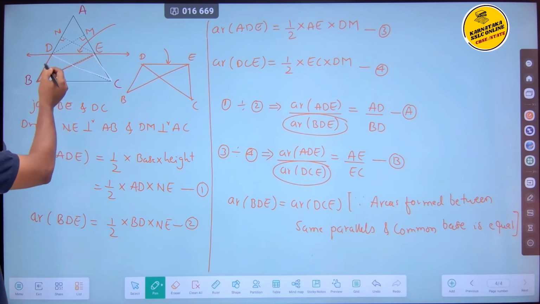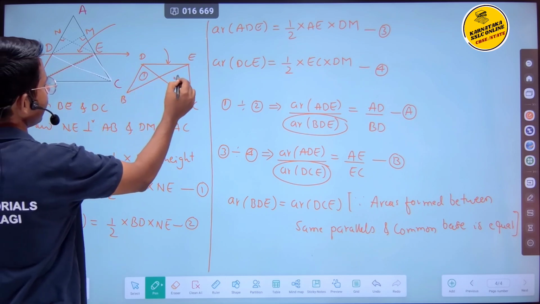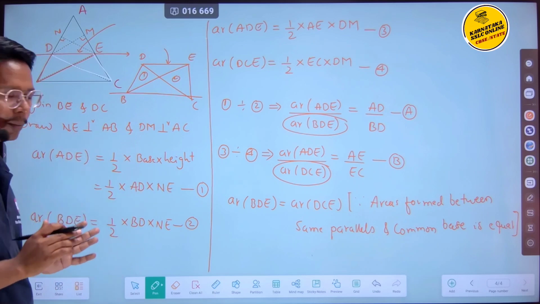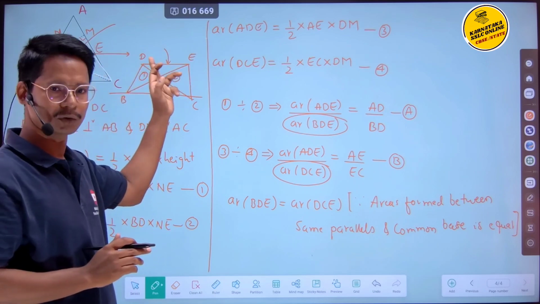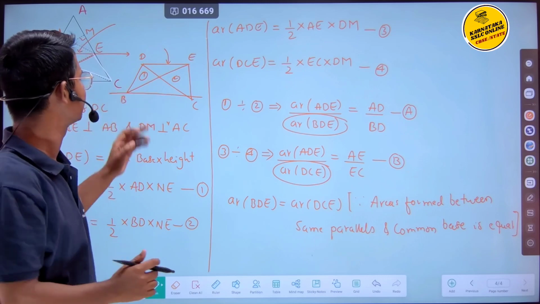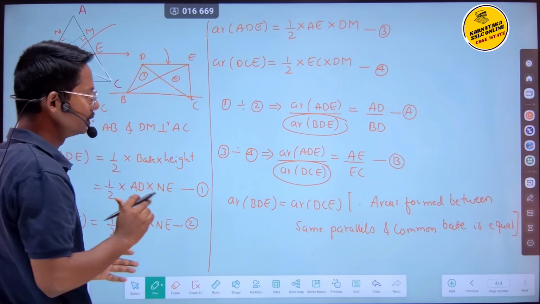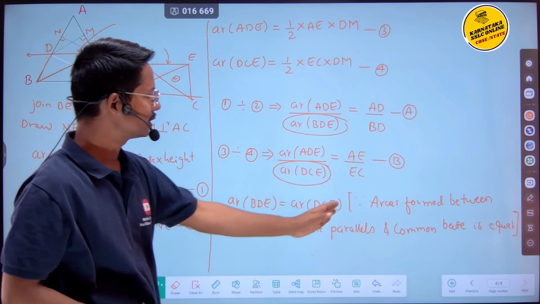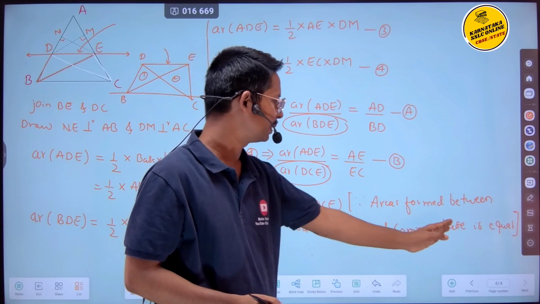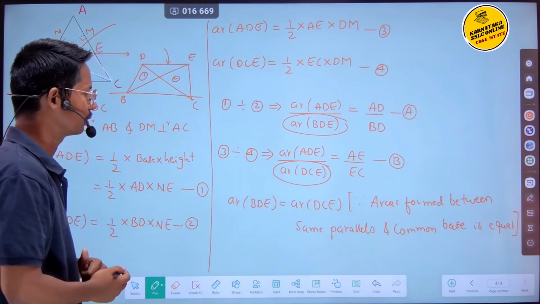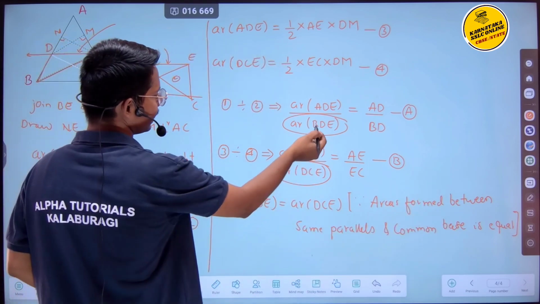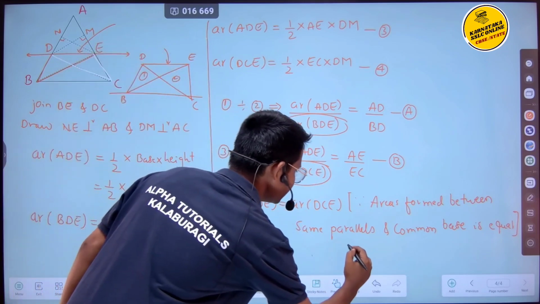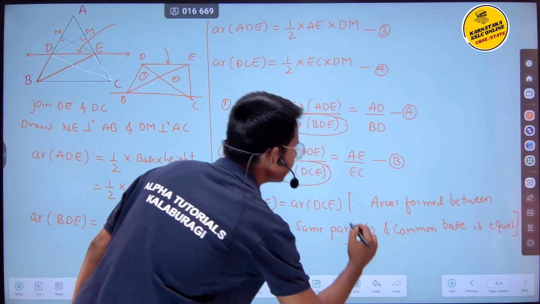It means these two triangles are between two parallel lines. If triangles are formed with one side common and between two parallels, here the parallels are DE and BC, so the areas of such triangles are going to be the same. Areas formed between the same parallels and common base are equal for these triangles. So I can write in the place of BDE, DCE. I'll call this result C.